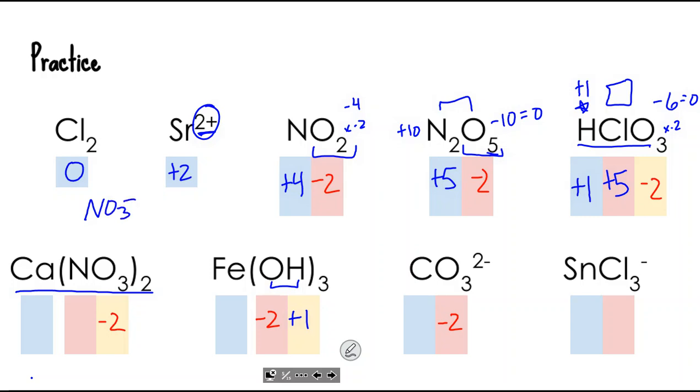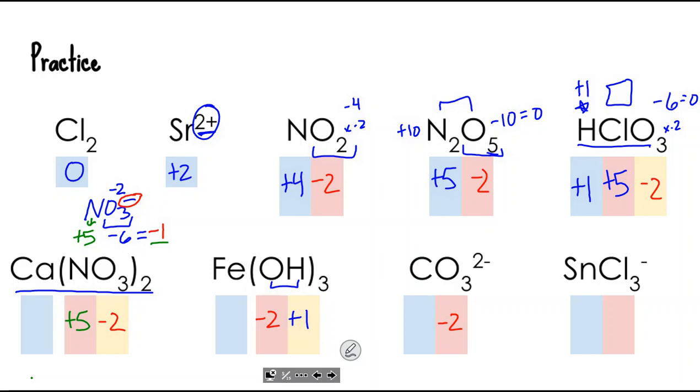If you know that, you still know that oxygen's going to be -2, so together that's a -6. And because we have a charge of -1 on the nitrate in general, that means the nitrogen here has to be a +5, because +5 minus 6 gives you the -1. That's one way to do the nitrate: pull it out from the compound, do it separately. So then this would be a +5 that way.